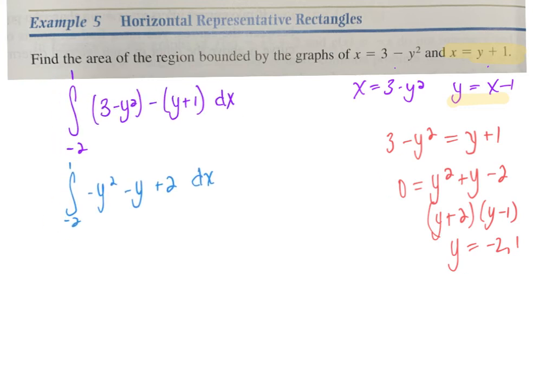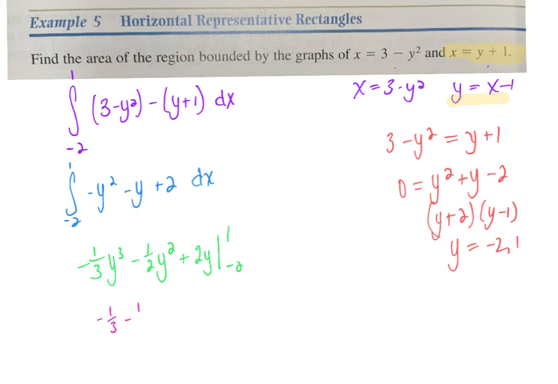And then just do basic integration. This is identical to what we've been doing. Negative 1/3 y cubed minus 1/2 y squared plus 2y, and we're going from negative 2 to 1. Plug it in and solve.